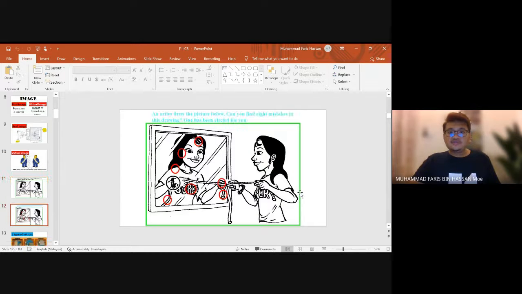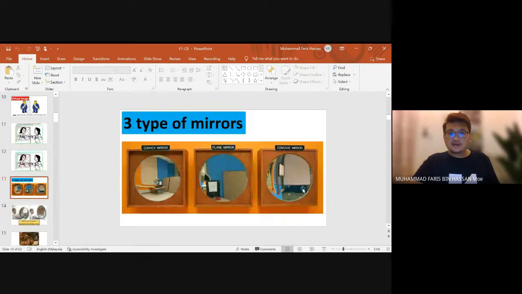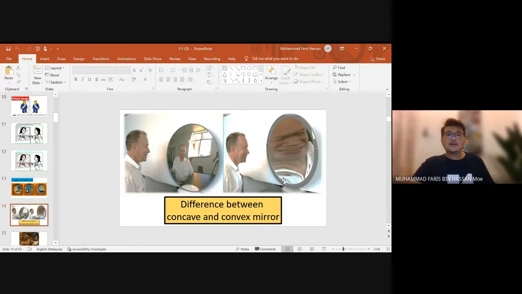We got three types of mirrors: convex mirror, plane mirror, and concave mirror. Convex mirror in bahasa we call cermin cembung, plane mirror is cermin satah, and the concave mirror we call in bahasa cermin cekung. These are the differences between the concave and the convex mirror.